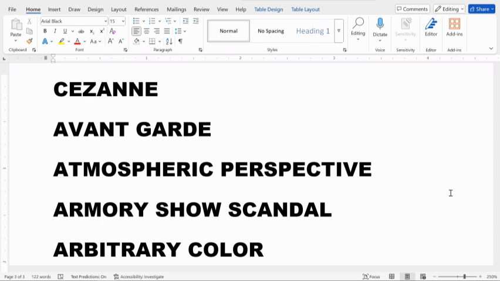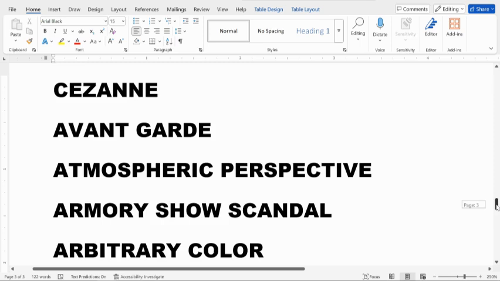But it's the Cubists that were really interested in Cezanne, and then everybody was influenced by the Cubists. So without Cezanne, modern art would be very, very different today. It would have gone in a different direction, or somebody else would have done what he did. I don't know. But he's one of my favorite artists because he is so influential on modern art.